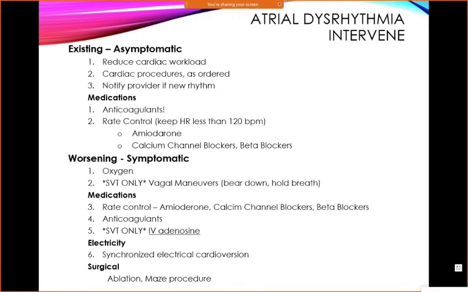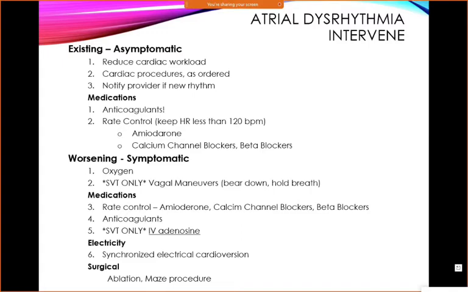So the meds for these, for your asymptomatic patients, so they are in AFib or a flutter, which are our main fibrillations. We don't usually treat the premature atrial contractions because they're just premature. They're just every now and then. We really treat the patient that has atrial flutter or atrial fibrillation.